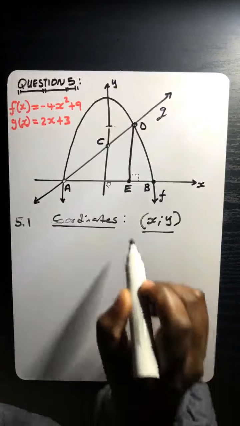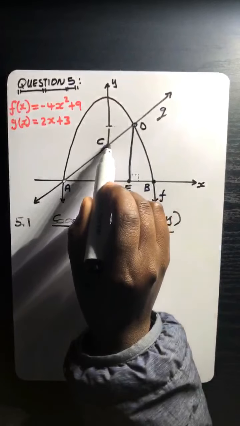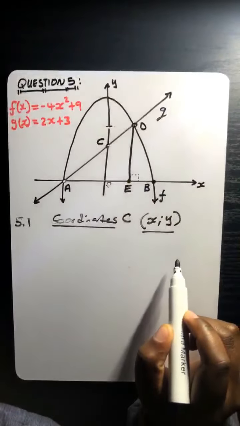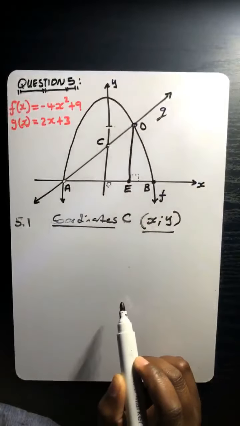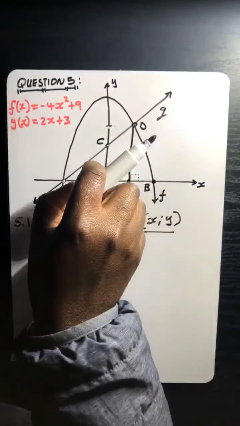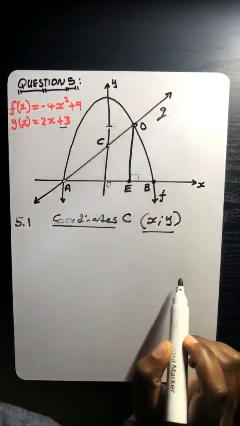Obviously, they are saying the coordinates of C. So you try and look at C. You ask yourself, between these two functions, which function is passing at C? Obviously, it's a straight line. What do you know about a straight line? You know that originally it was passing through the origin. But because of that, there's a vertical shift.